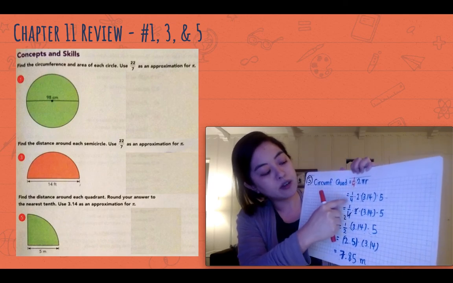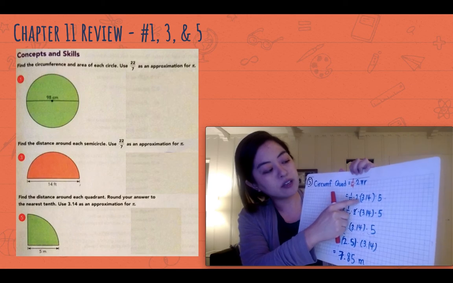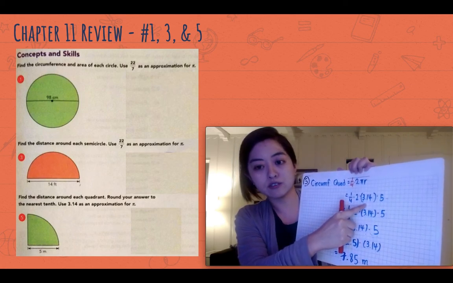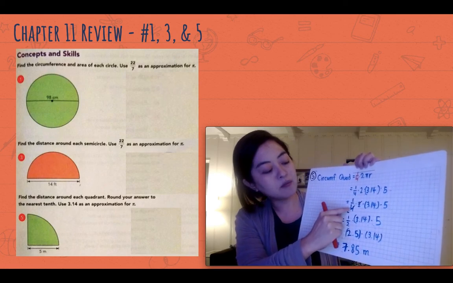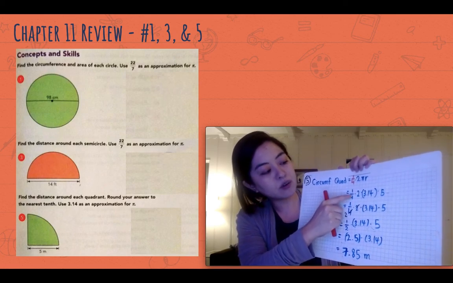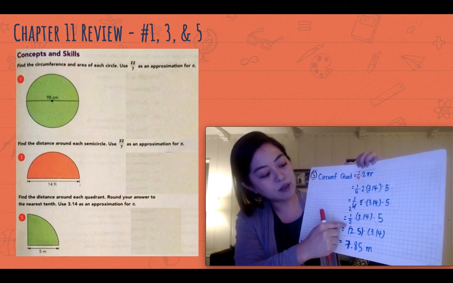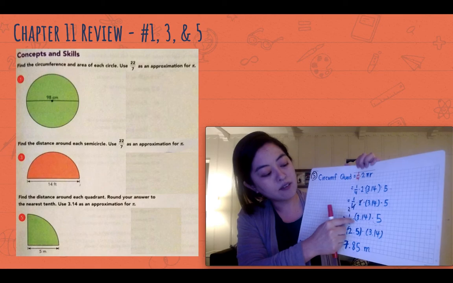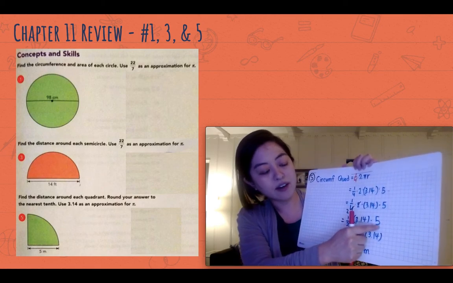And so I have 1/4 times 2 times my approximation for pi, which is 3.14, times r, which is 5. And I like this, 1/4 times 2 is just 1/2. And then 1/2 times 3.14 times 5, and then what's half of 5?